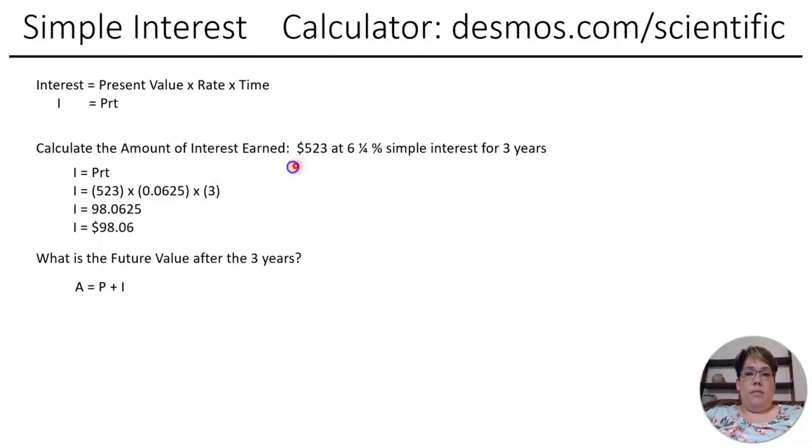What was the present value? $523 plus your interest. All you have to do is add those two together, and you get $621.06. So that's not too hard.